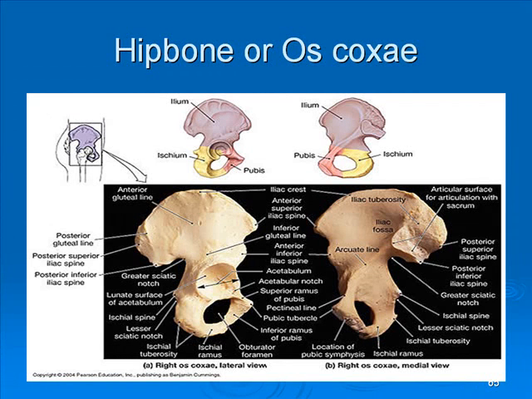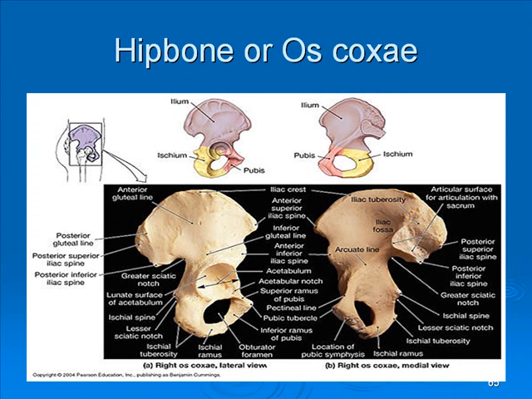You're able to triangulate, knowing those landmarks, and give the shot in the right location. If you don't, there are nerves that course deep to the gluteal muscle, which we'll show you in a week or two. If you're in the wrong spot, you can potentially put the needle into the nerve. So it's important for you to be able to identify those landmarks.